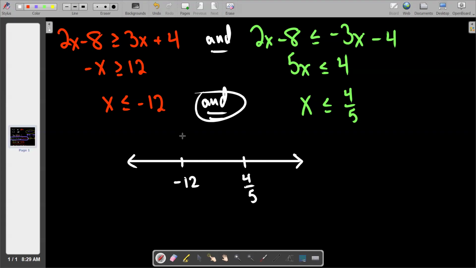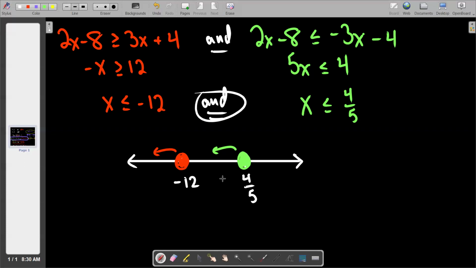So to be less than or equal to negative 12 is like this. To be less than or equal to 4/5 is like this. The key here is that if it said or, then everything in the green and the red would work. So if I said to you, you can be less than 4/5 or you can be less than negative 12, then you could pick anything.